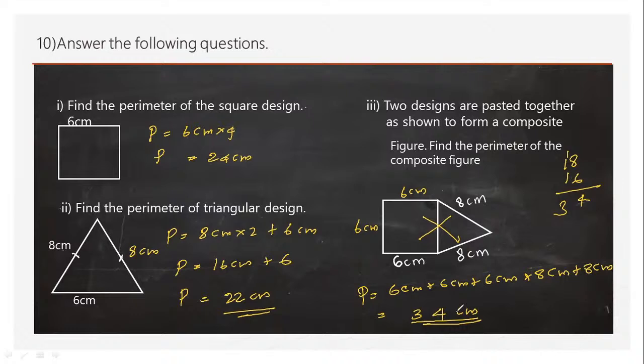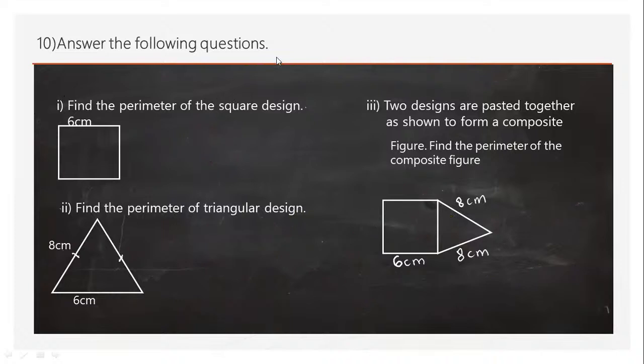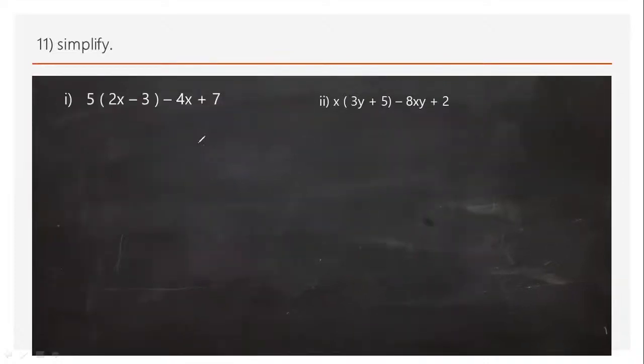Next question. Simplify. We have to remove the brackets and then simplify. 5 times 2x, 10x, 5 times 3, 15 minus 4x plus 7. 10x minus 4x, 6x.